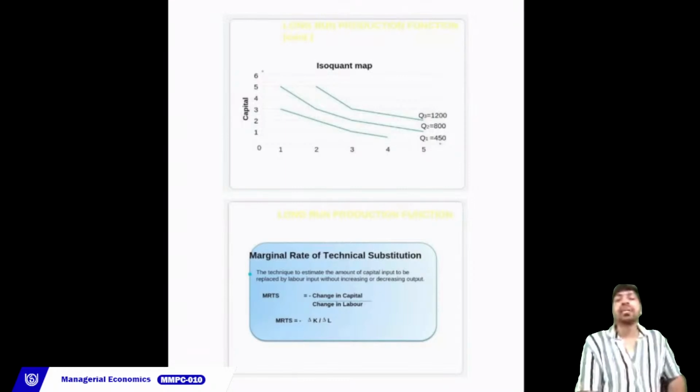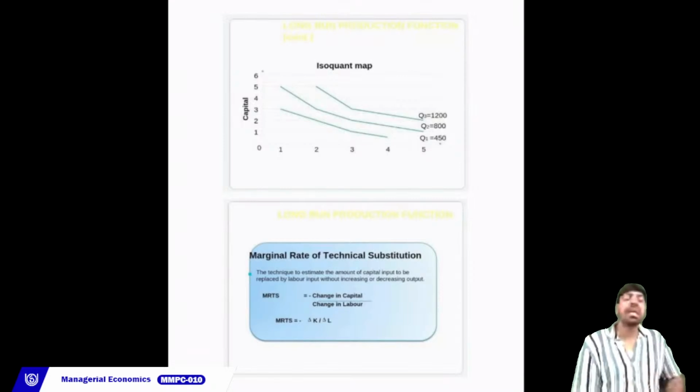The next concept is marginal rate of technical substitution. It is a rate, or you can say a technique, to estimate the amount of capital input to be replaced by a labor input without increasing or decreasing output. That's called marginal rate of technical substitution.